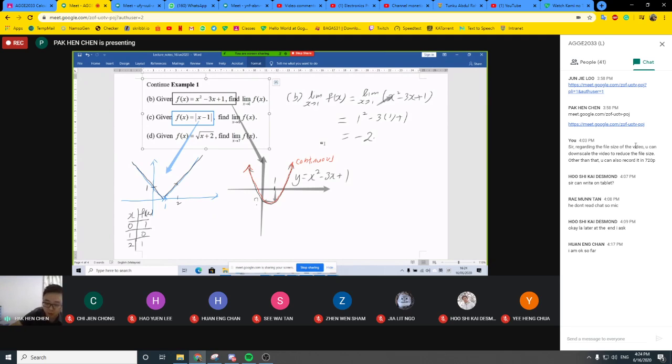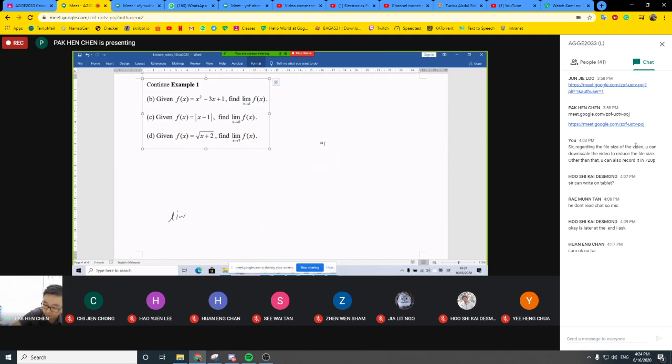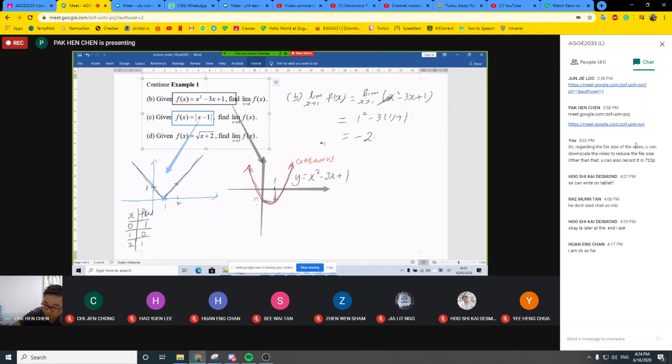If the question asks about the limit as x approaches 0, from the graph we have the left limit and right limit, which are considered at the same point, the value of 1. Correct or not?